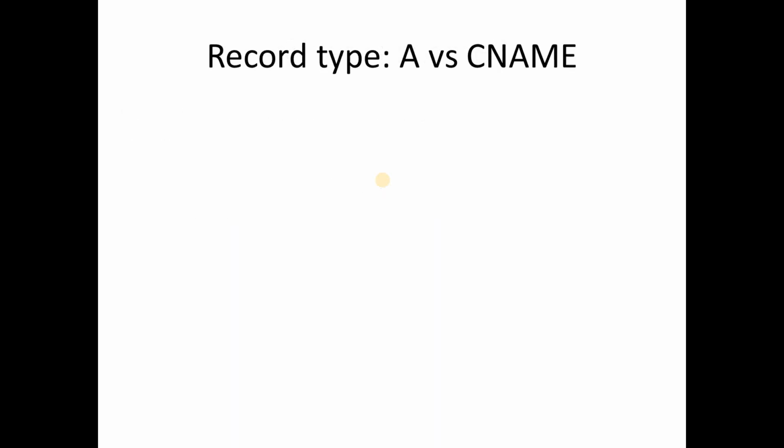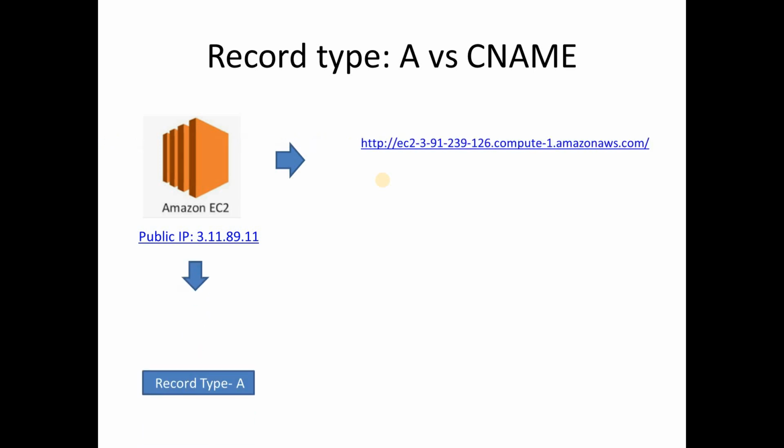So let's say we would like to host a web server on an EC2 instance. The moment an EC2 instance is provisioned by AWS, it will create a public IP and public DNS. If you have a public IP, then the choice is an A record, and it is recommended to use a static IP.